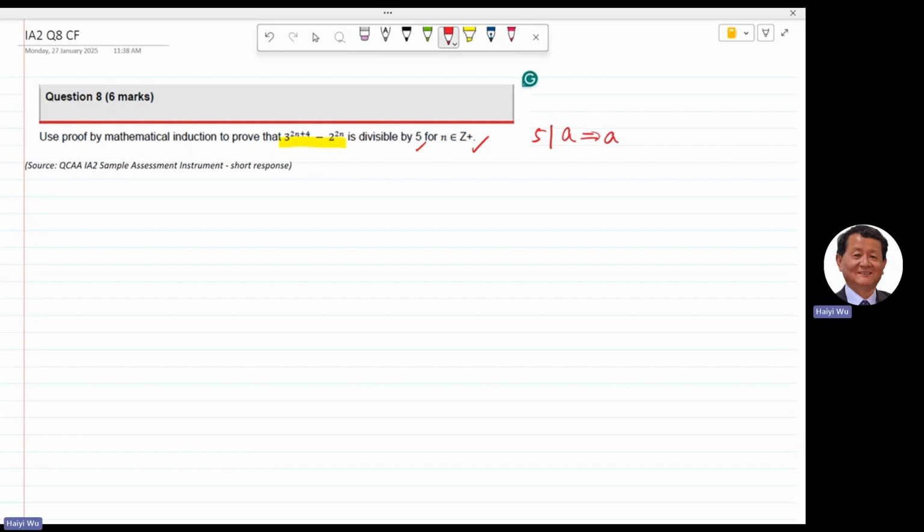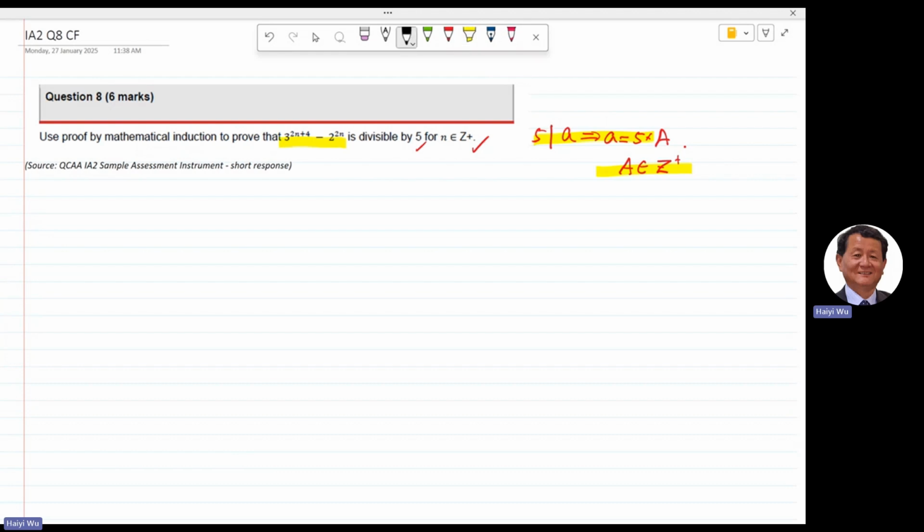That means a can be written as 5 times another integer, where 5 is the divisor.